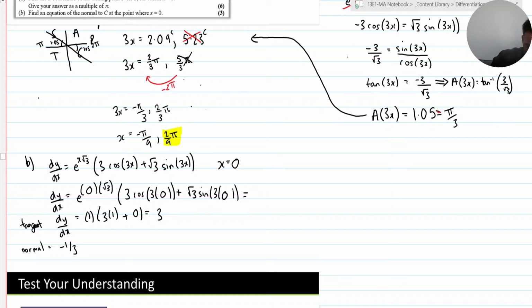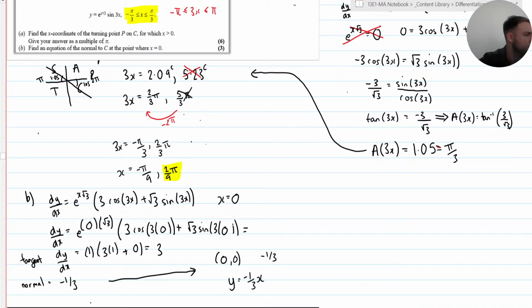We're subbing in x is 0, y is 0, and my gradient, which I've just found out, is -1/3. So when I sub this in, my c value we already know is going to be equal to 0. So it's going to be y is equal to -1/3 x, like so.